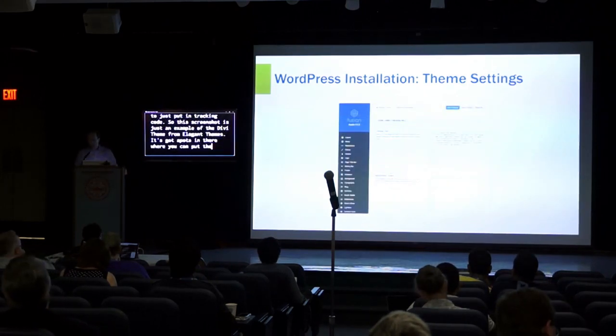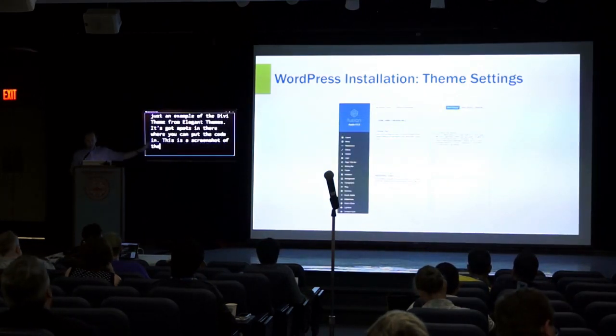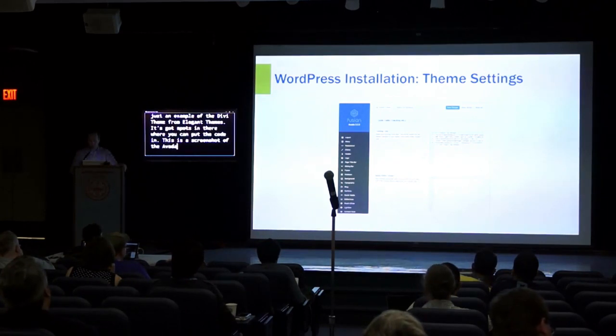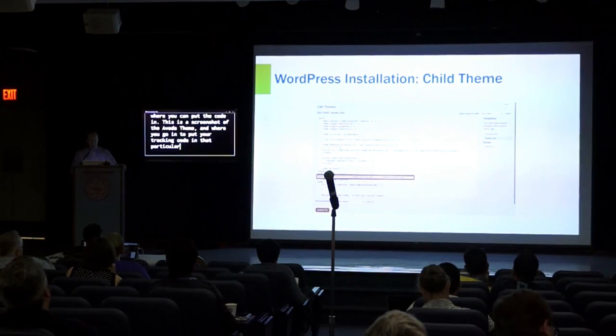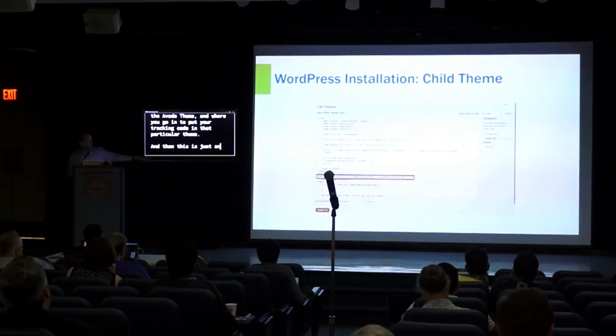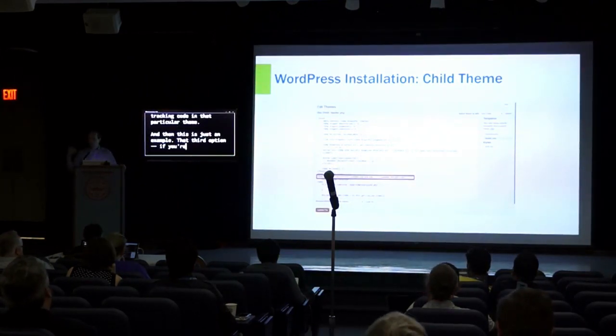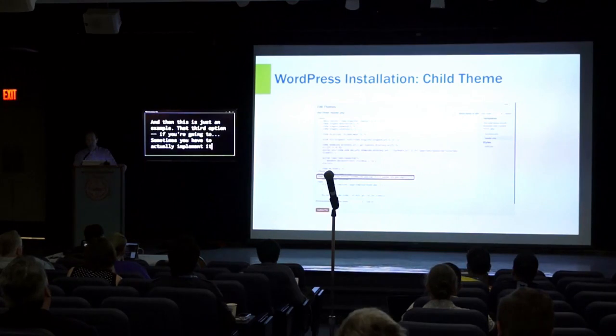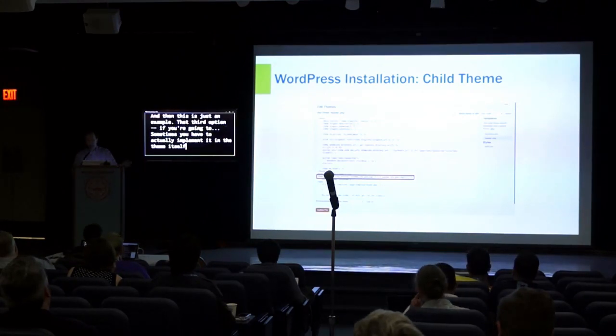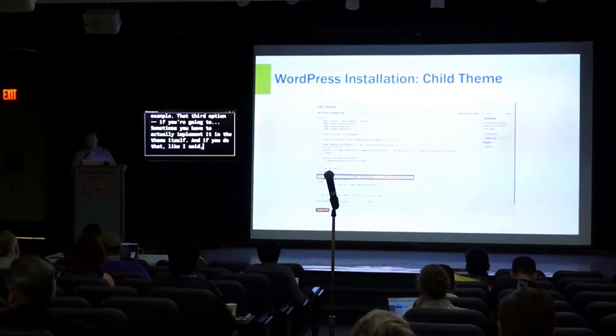This is a screenshot of the Avada theme and where you go in to put your tracking code in that particular theme. And then this is just an example of that third option. Sometimes you have to actually implement it in the theme itself. And if you do that, like I said, you want to use a child theme.